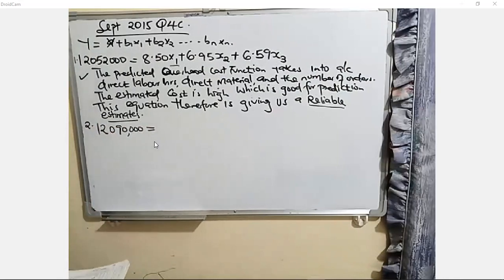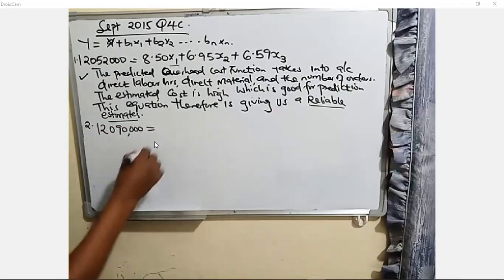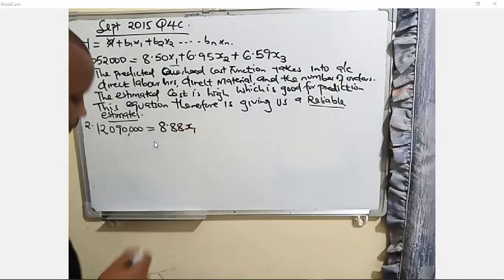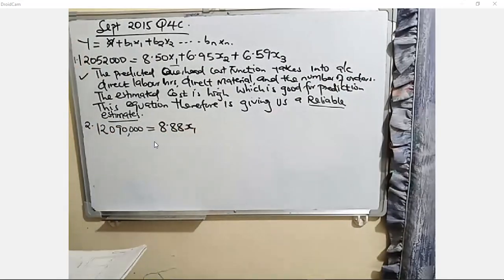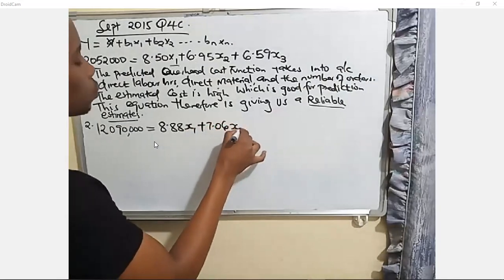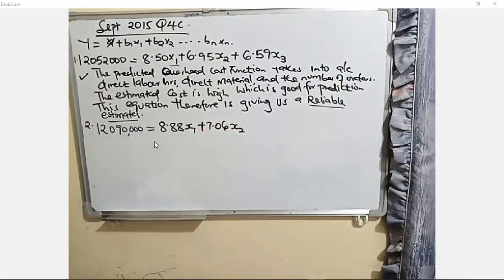We have my independent variables, sorry. So in the second equation, they have eliminated 1, right? What have they eliminated? They have eliminated the number of orders. So what do we have? I look at the coefficients. They have given me 8.88 x1, then we have 7.6 x2. This is very clear.